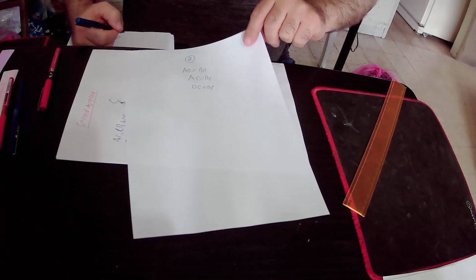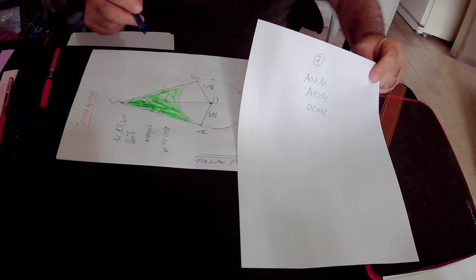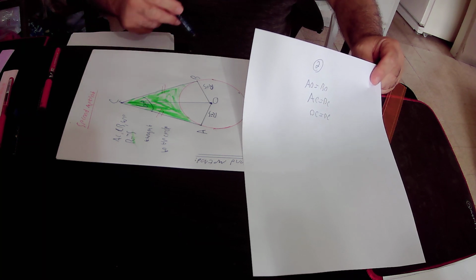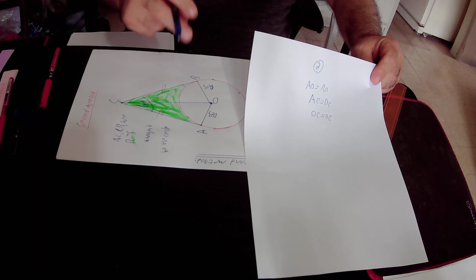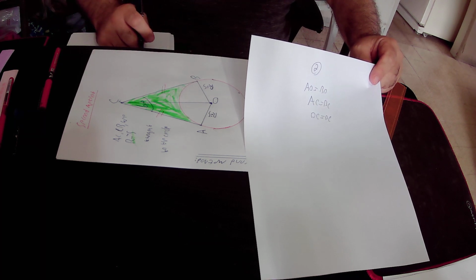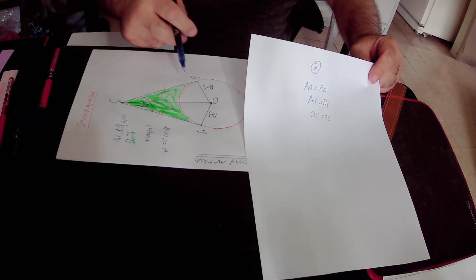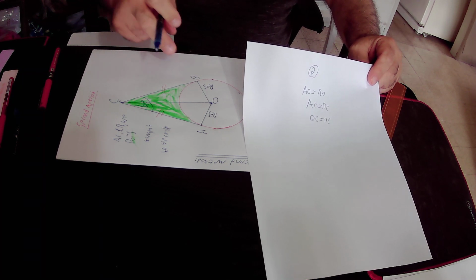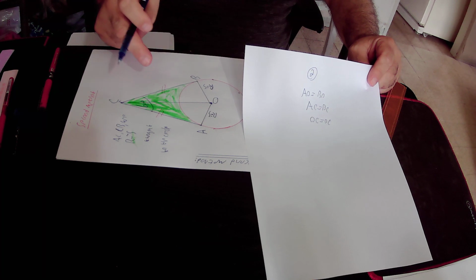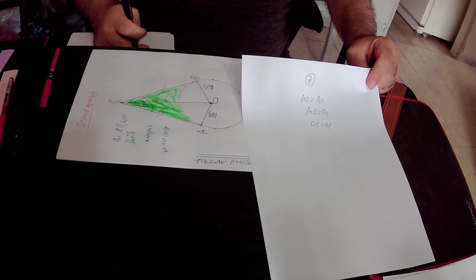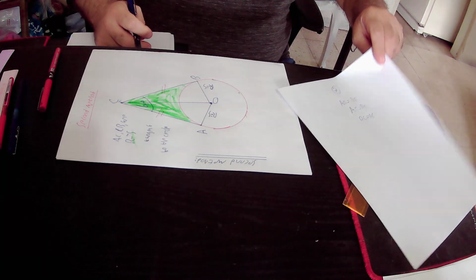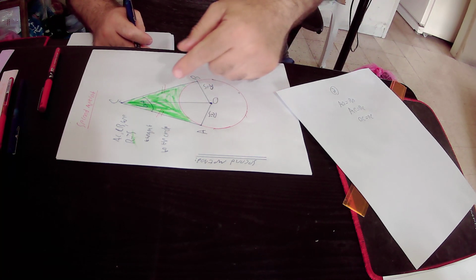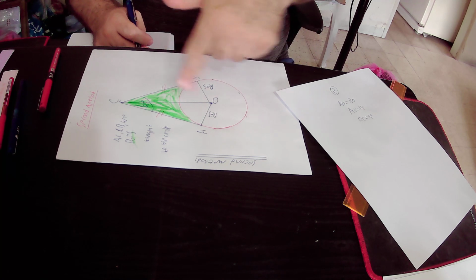So we proved that all the sides of triangle AOC are equal to all the sides of triangle BOC. Therefore, those two triangles are congruent according to the side rule. And from the fact that triangle AOC is congruent to triangle BOC, we can derive that angle ACO is equal to angle BCO.